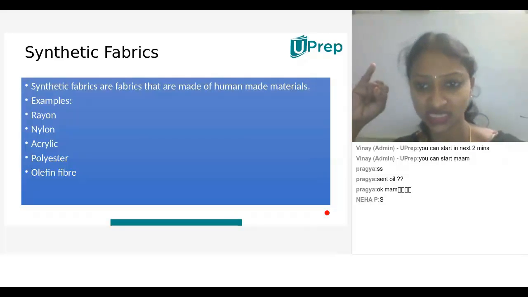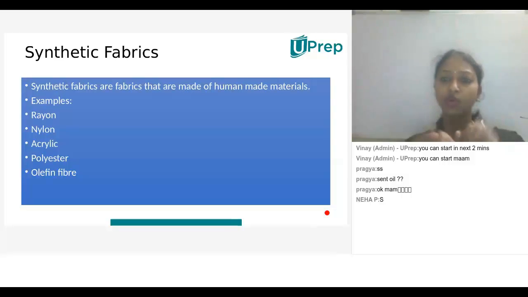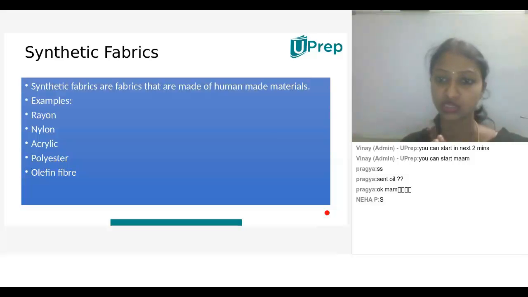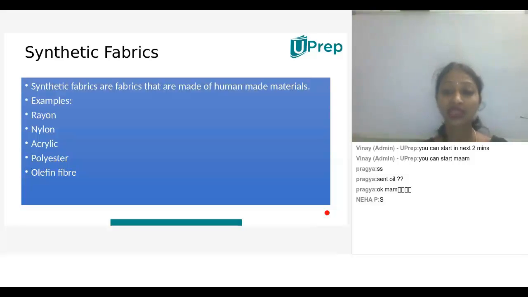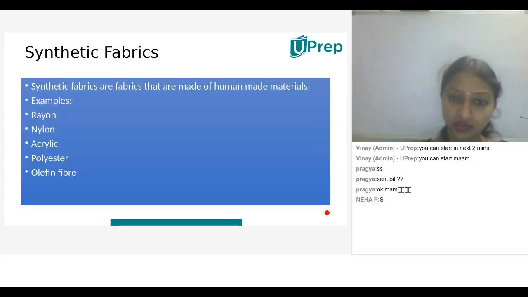So what are the advantages? First one is wrinkle resistance. Synthetic fibers are wrinkle resistant, so all the time there is no need of pressing. After wash and after drying, we can fold it and use it. Wrinkles won't be observed in synthetic fibers, whereas with natural fibers, I can give an example like a cotton shawl: once you fold it, it will have wrinkles, and every time we need to iron it.